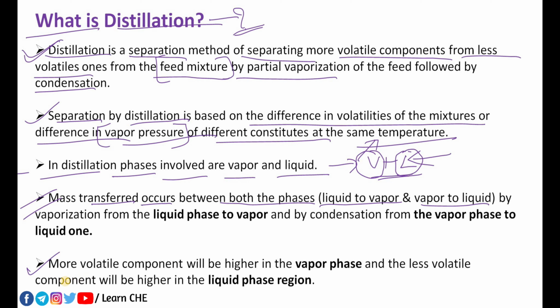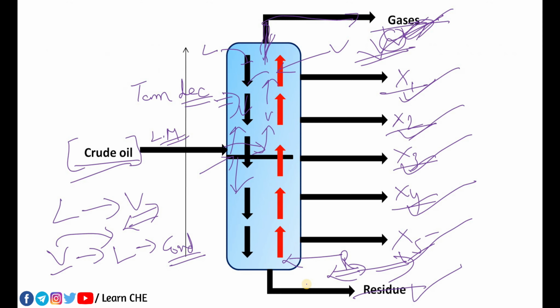Then the last point is that the more volatile component, that is mainly vapor, will definitely be higher in the vapor phase, and the less volatile component, that is we can say the residue component, will be higher in the liquid phase region. So let's see in the figure.